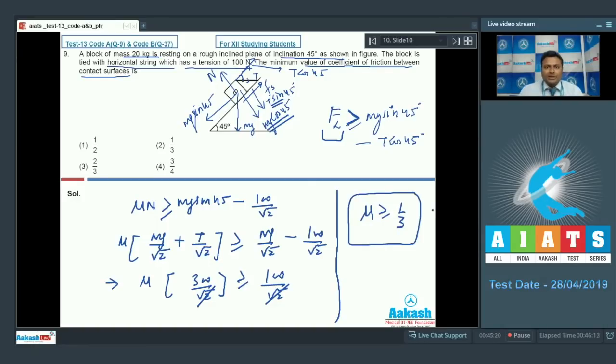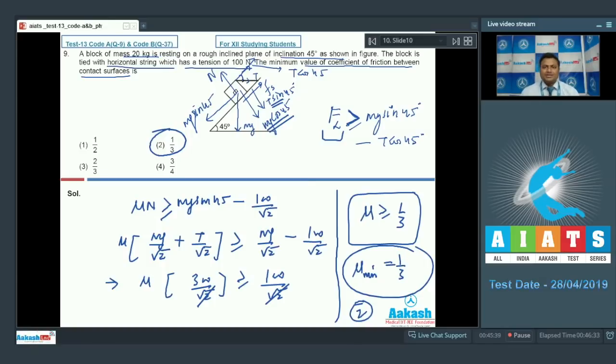So in order to keep the block at rest, mu must be greater than or equal to 1 by 3, and we have to calculate the minimum value. So mu minimum is therefore 1 by 3, and we'll go with option number 2, which is absolutely correct.